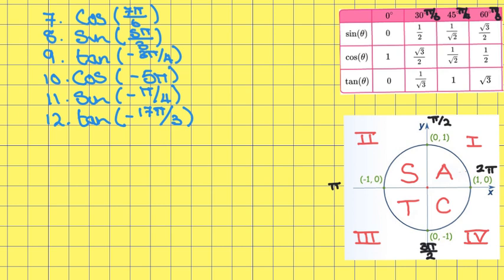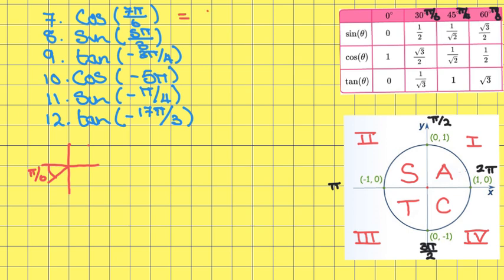So let's go through these examples. So we want cos 7 pi over 6. So let's do our diagram. So here's our little diagram. So 7 pi over 6 is pi plus pi over 6. So that will take us here. So that angle there will be pi over 6.